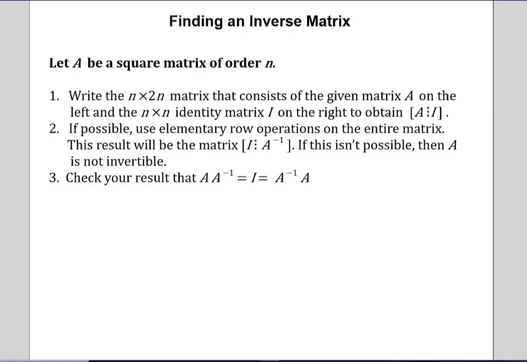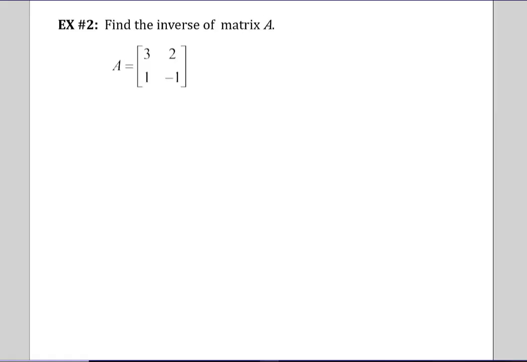So here's how you find an inverse. I'm going to model it for you instead of just reading it for you. Here we have matrix A, and I want to set up an equation: A times a variable matrix is going to give me the identity.